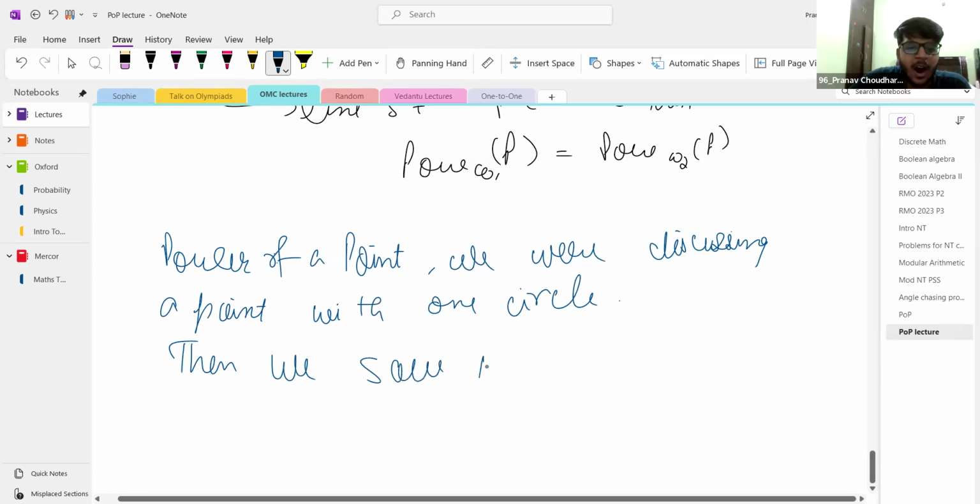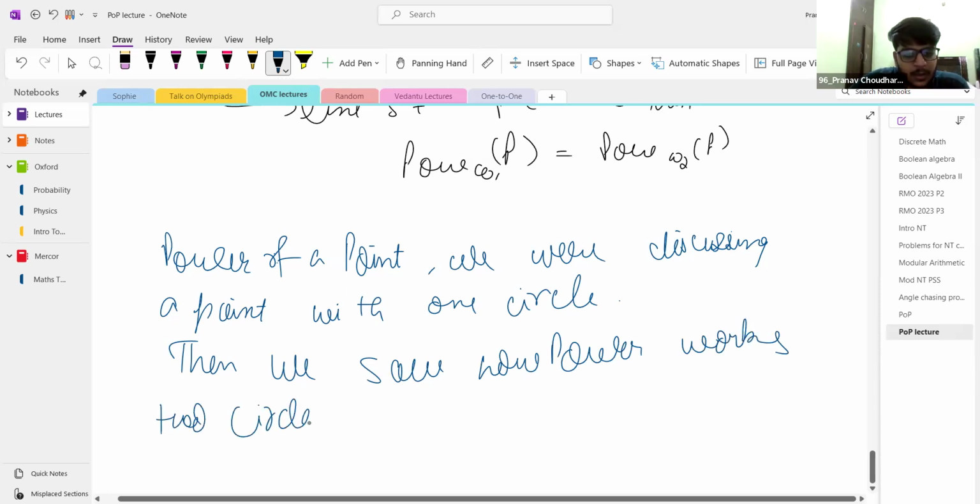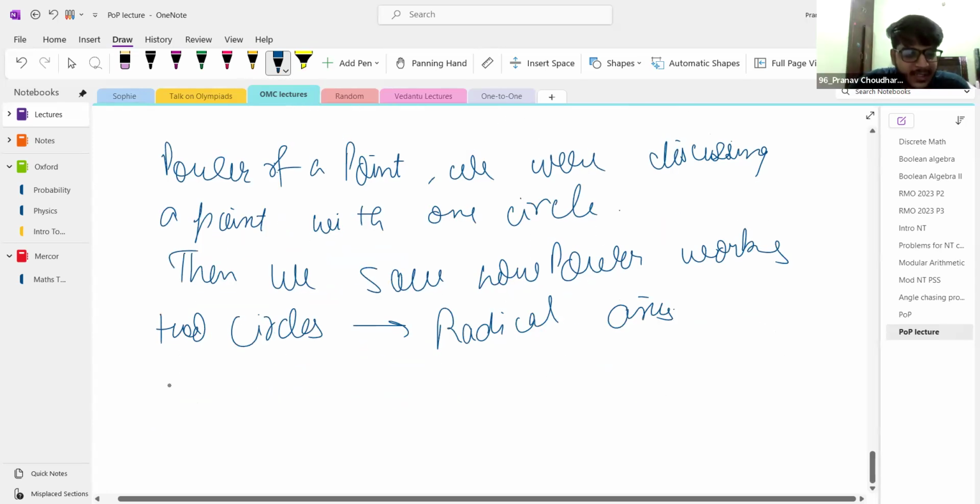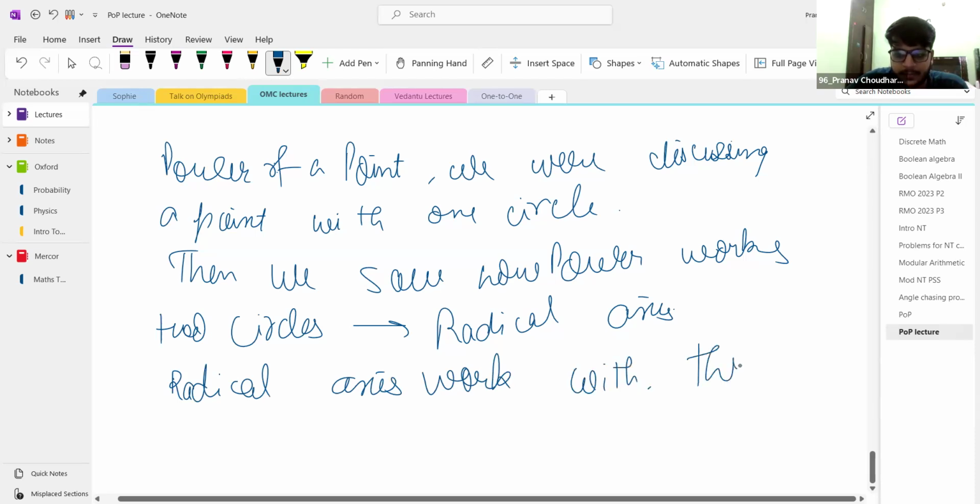Then we saw how power works with two circles. And this led us to introduce radical axis. So now, continuing the same thing, let's try seeing how radical axes work with three circles.